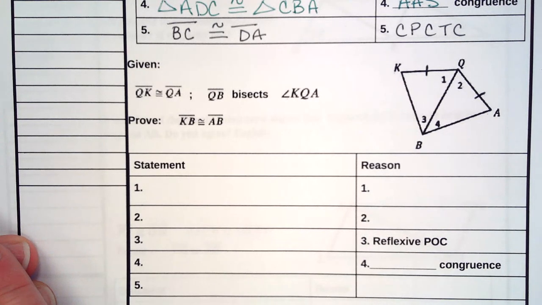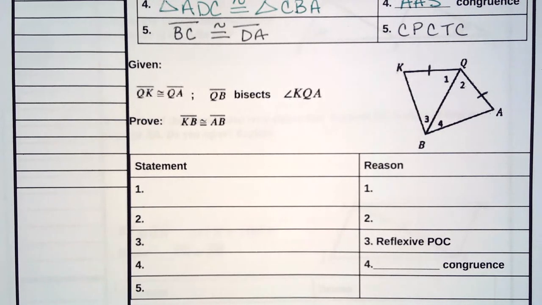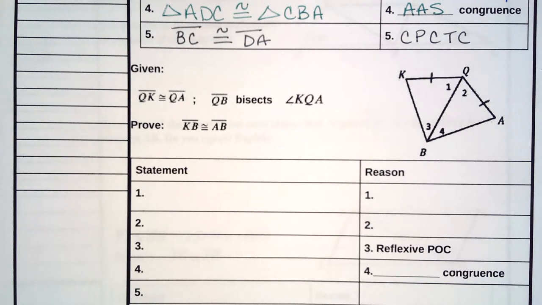So now, we have to think, what does the word bisect mean? Bisect means to cut into two congruent pieces. So we know the larger angle is cut into two congruent pieces.